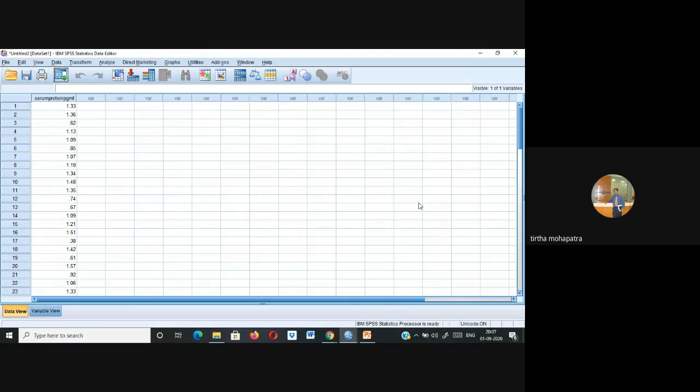Opened. Sir, I have taken only one variable. Similarly, you can take many variables at one time. Sir, let me go through this. You just cover it, then I'll practice again. I didn't get you. Sir, if I simultaneously open it, I cannot see what you are teaching. You can minimize your window.